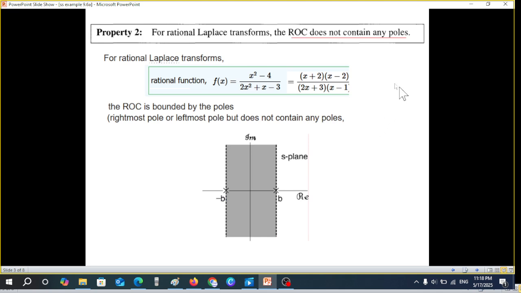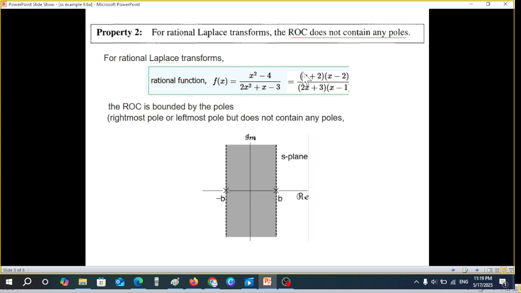Property number 2 says that for a rational Laplace transform, or a rational function of this form, the ROC does not contain any pole. So the ROC cannot have any pole inside. Even in the previous two examples, we saw that the ROC was either right of the pole or left of the pole.